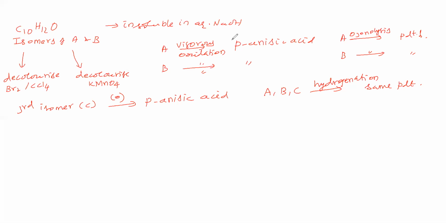Now what are A, B, C? We have to find. Here one oxygen is there. This oxygen means one possibility is alcohol, phenolic OH group is possible, alcoholic OH group is possible. With sodium hydroxide, phenols dissolve.